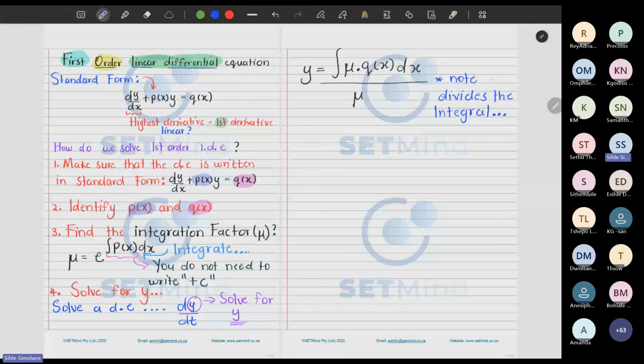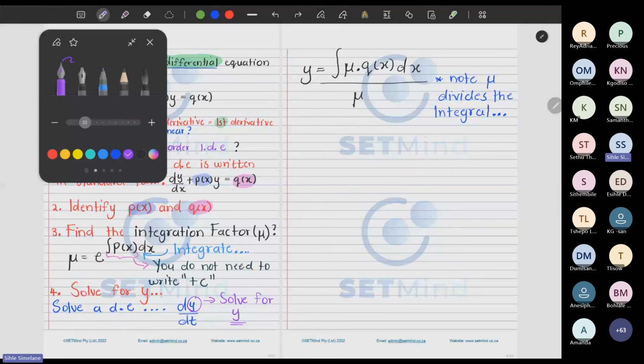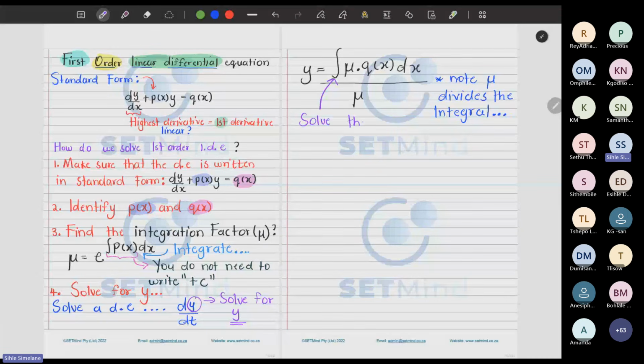You first need to solve this integral before you can start doing your division. Okay, that is very important. So let me make a note that what you should do is solve the integral before dividing.